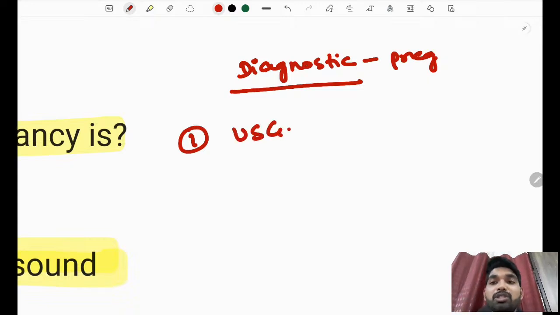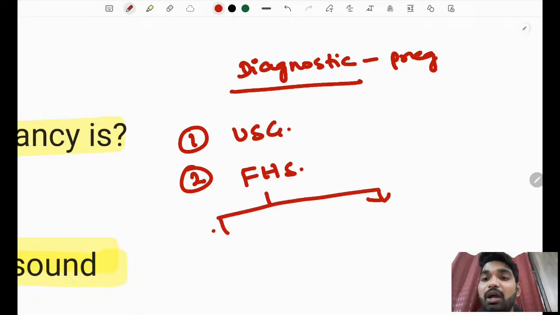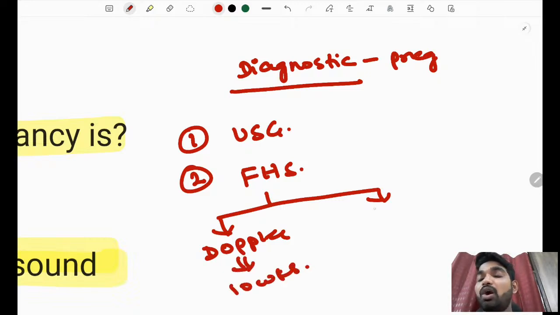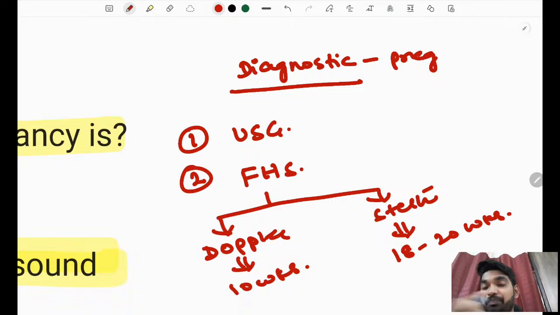Seeing the fetus on ultrasound confirms it 100%, and so does seeing the cardiac activity, listening to the fetal heart sounds. Please remember, fetal heart sounds on Doppler can be heard at 10 weeks. By your stethoscope, you can hear it from 18 to 20 weeks.